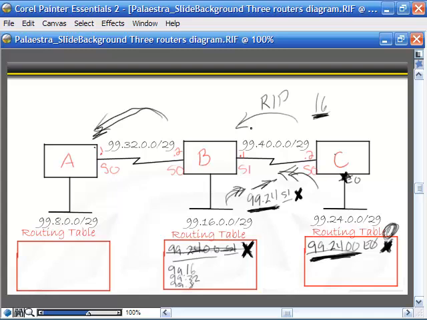So as long as it takes for convergence to happen in this network, C will not take any new information about network 99.24, because he doesn't want to start a routing loop. He would, however, take information if there was a better cost than his original cost. But his original cost was 0. So you can't get better than that. So he's going to lock down this entry that 99.24 is down until he knows everybody else has been updated with the fact that that route is unreachable.